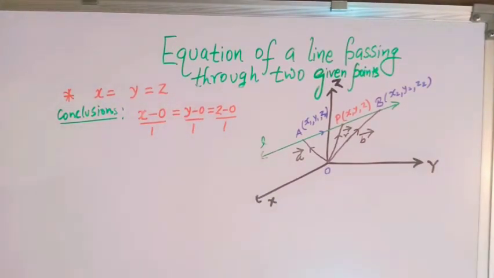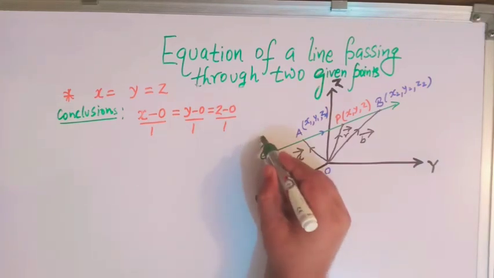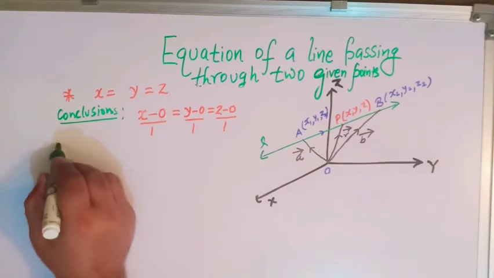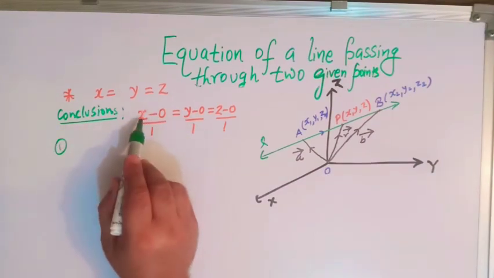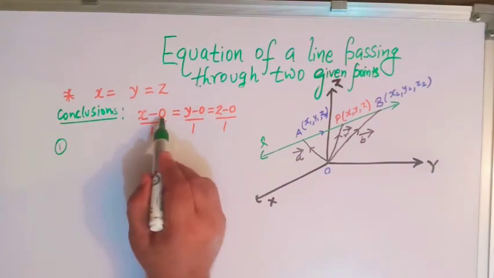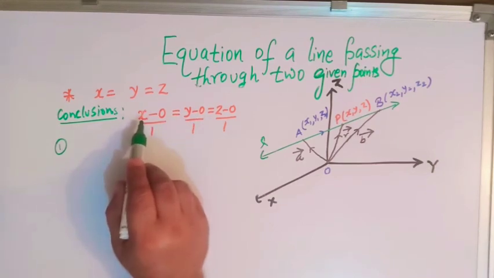Now let us draw some conclusions from this equation. So the first one is find the point through which this line passes.